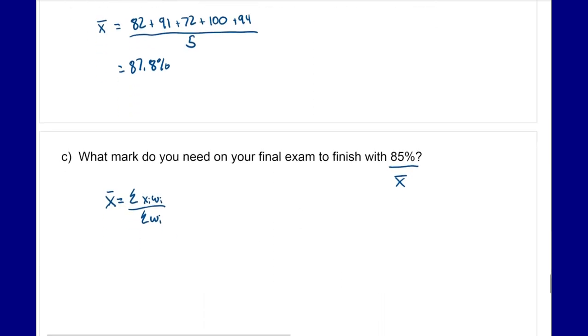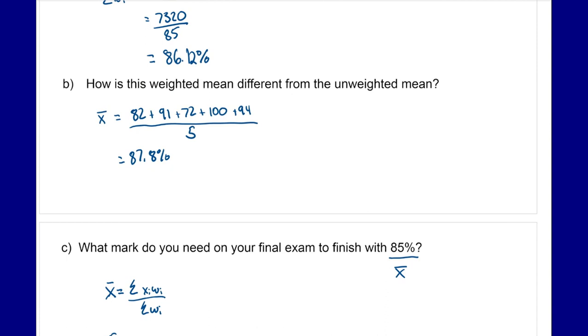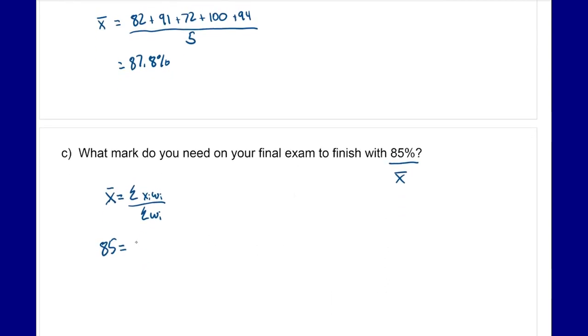We now want our average to be 85. We don't have to do all of the calculations again because we know it from the previous one. 7,320 was the sum of all the other ones, and now we're going to add an exam mark multiplied by, no, sorry, not 85.